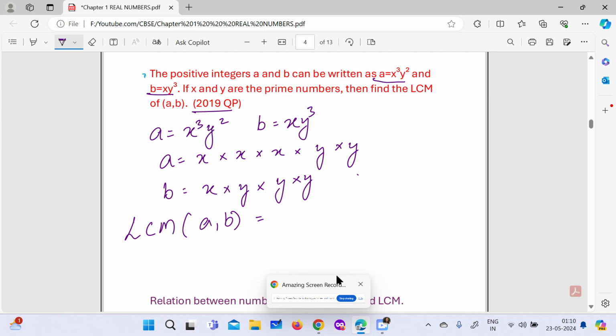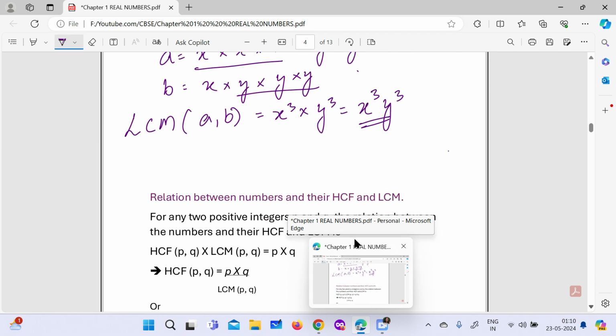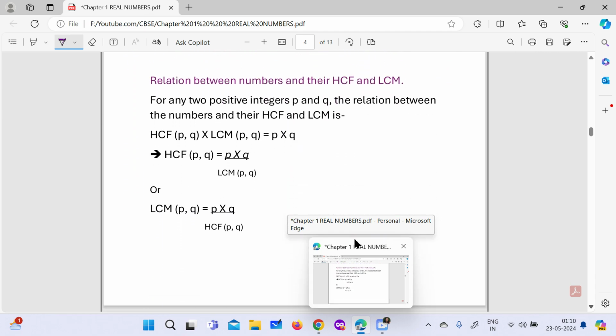So we write x cubed times y cubed, because here x is cubed and here y is cubed, so that is the largest power. So the LCM of a and b is x cubed y cubed. I hope this is clear to everyone. Let's move to the next question.